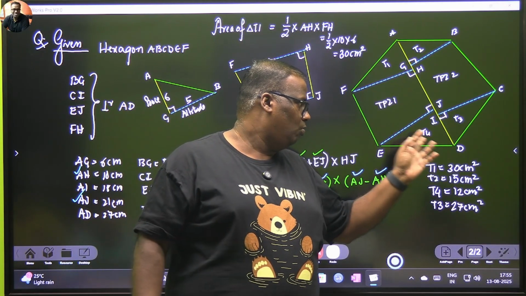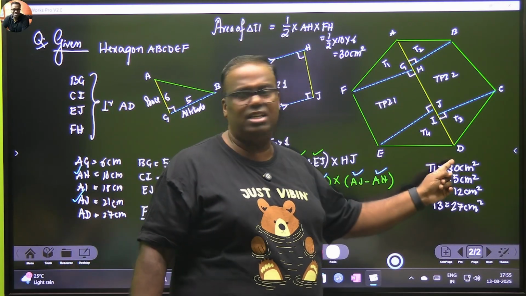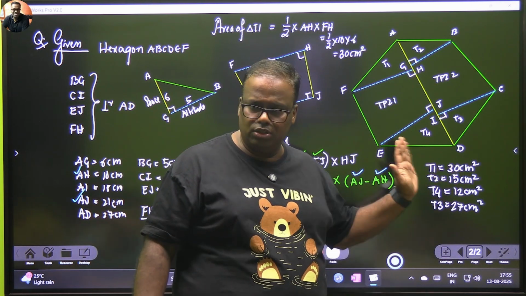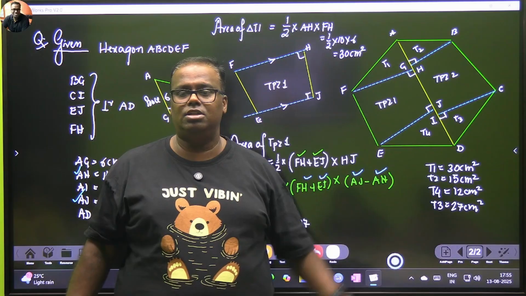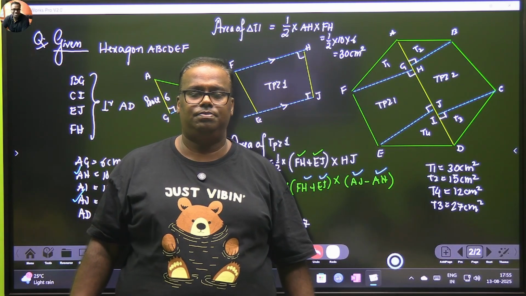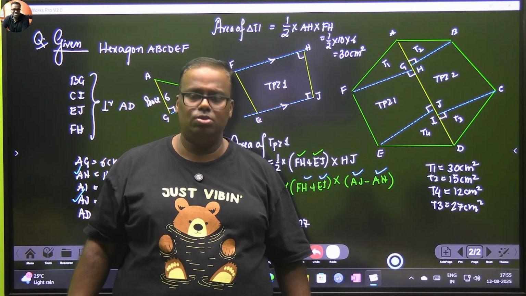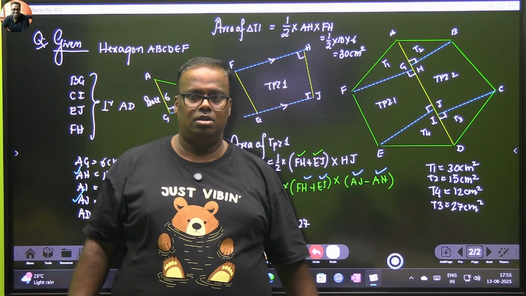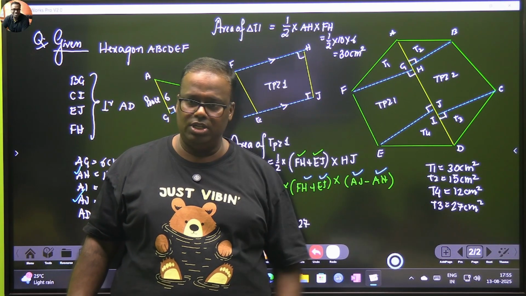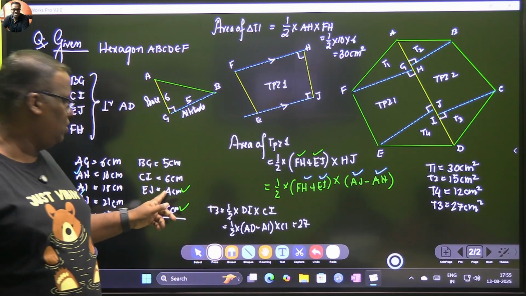Just look at the board. What is the area of triangle EJD? Look into the figure and tell me. No, I don't want the data. You tell me what is the triangle's area in terms of formula. 1 by 2, EJ into DJ. EJ data is given to us.